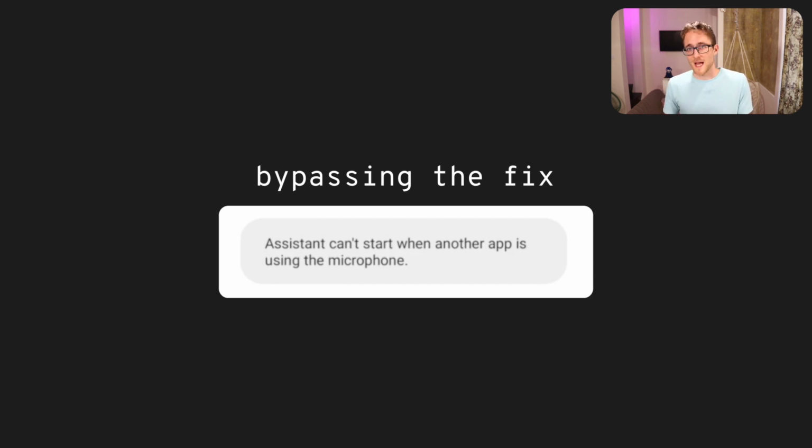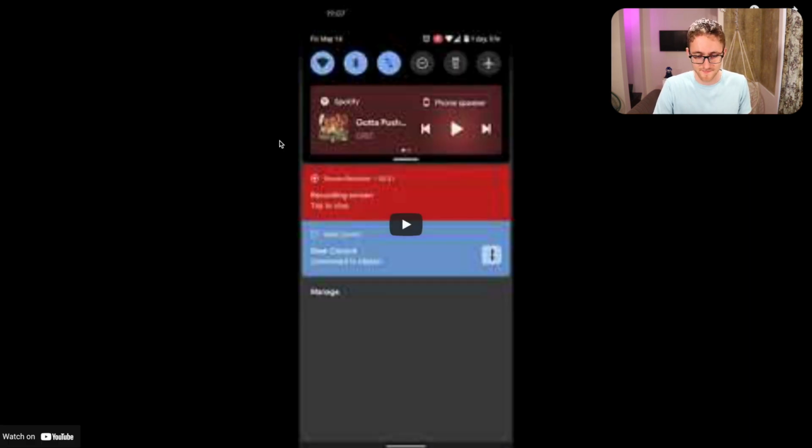I figured out just by trial and error that if I started to play music beforehand and music was playing before triggering Assistant, this error did not appear. And Assistant heard my command on the second try. Actually, this is really just like crazy stuff at this point, but I was able to bypass the fix via a very weird exploit. So here is that in action.